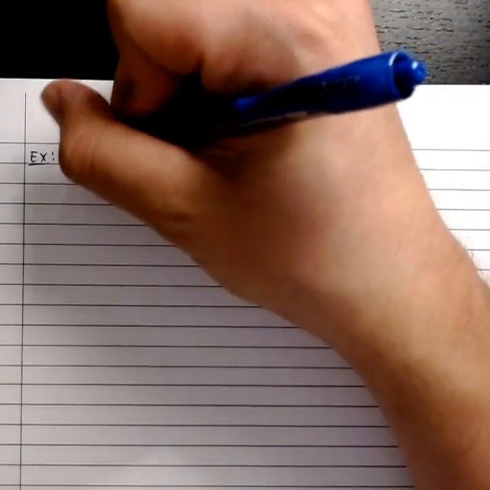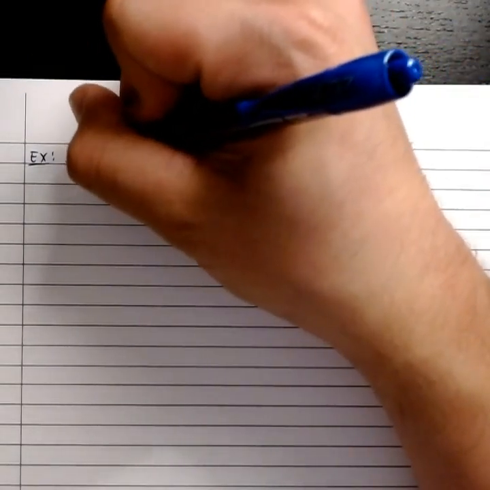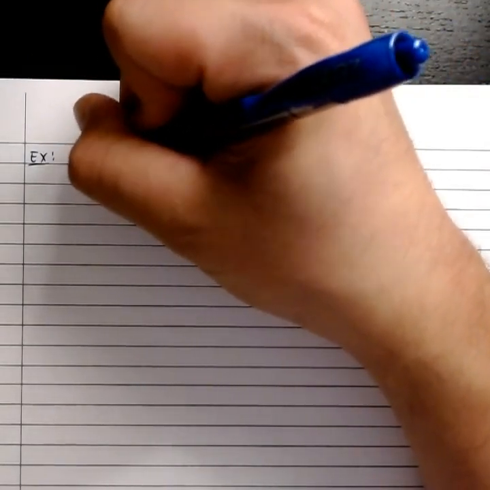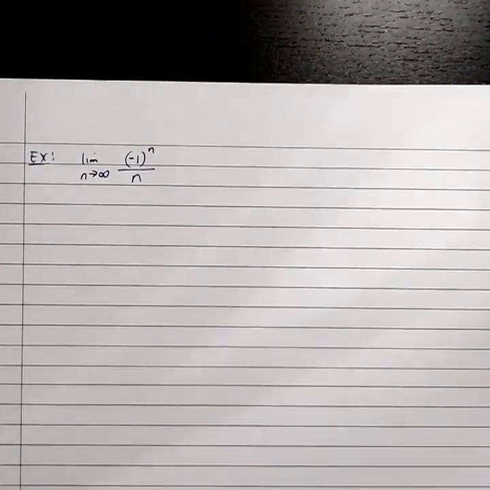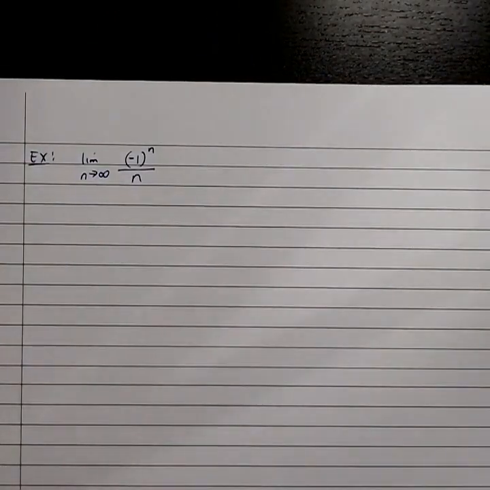And here we're going to say, let's take the limit as n approaches infinity of that. Okay, well, that looks a little strange. Well, let's see what that looks like, though.